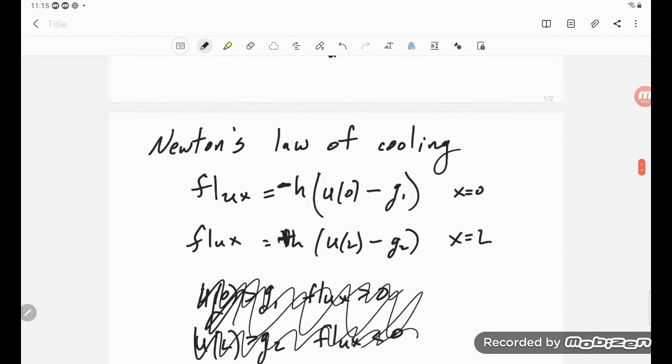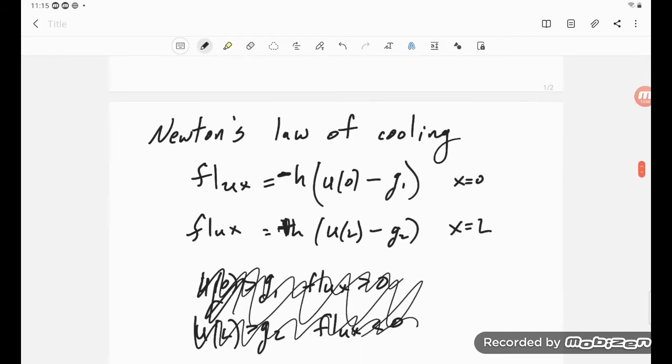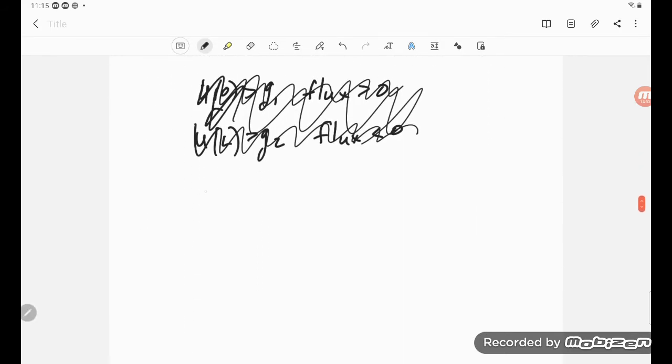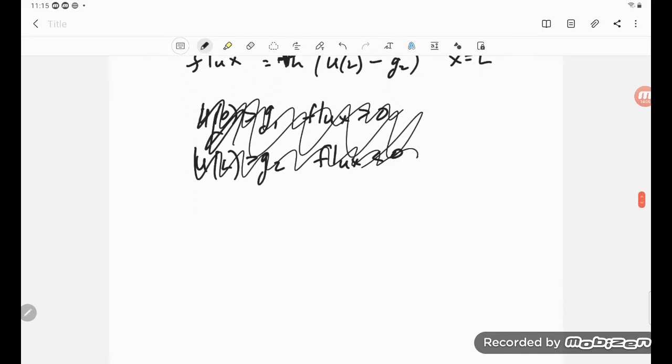And so we'll put the two flux definitions together. And so we have, according to them, with these boundary conditions, and again, I haven't added t yet, so I'm just going to write u sub x.